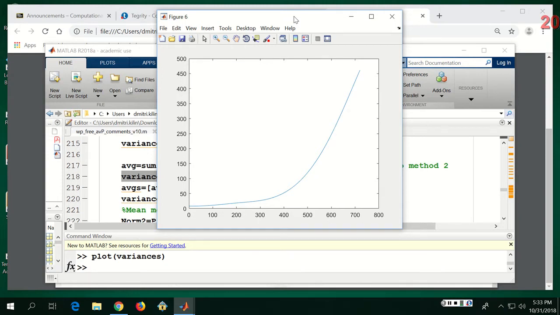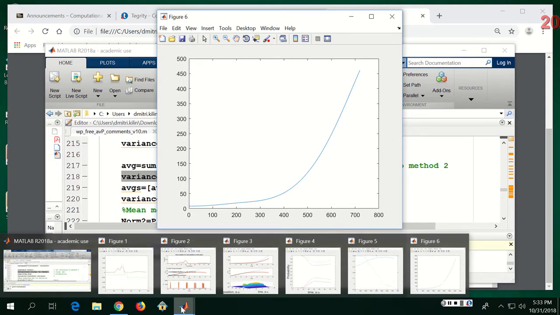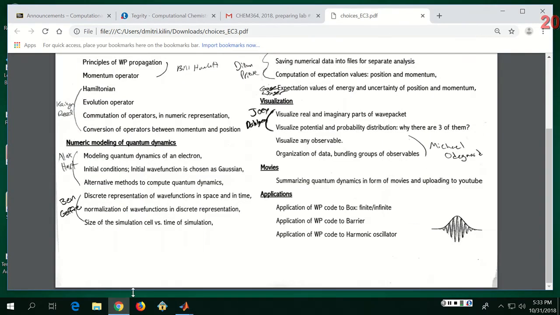So, how did Werner Heisenberg call it, variance? And design the principle. Yes, perfect.